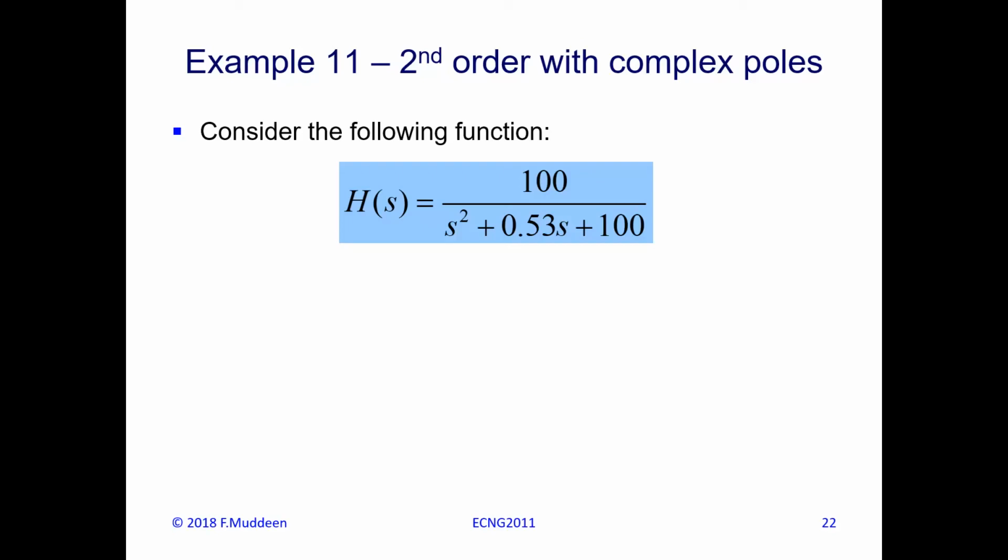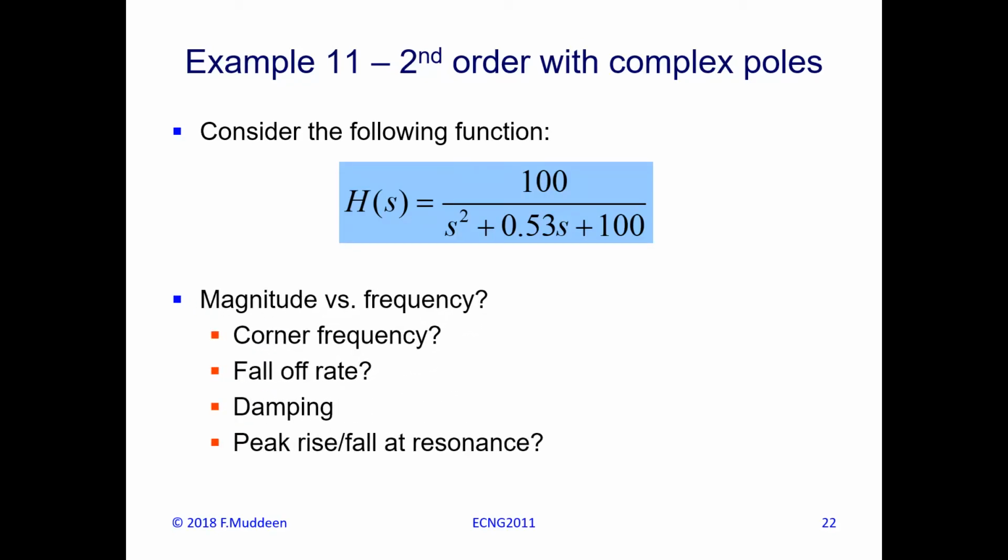Now, if you're given the following function here as h of s, typically a question comes where it asks you to find these 4 components regarding the resultant equation. We know that from just watching the equation, we can obtain omega naught, because this term here is omega naught squared. Our fall off rate, because we know that it's a second order equation, is going to be minus 40 decibels per decade, as we saw in the previous slides.